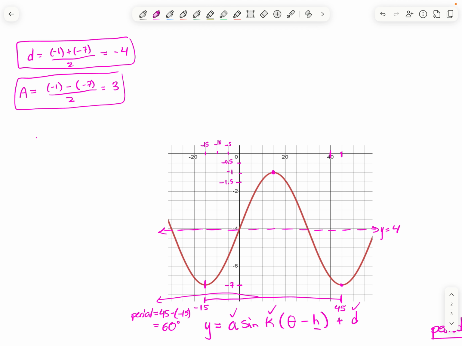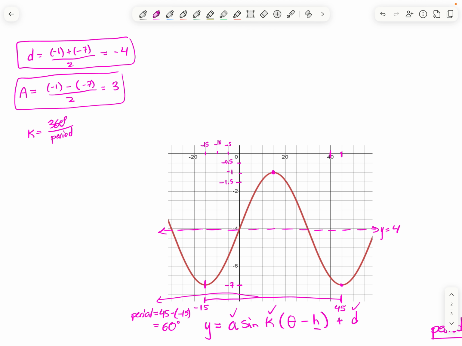So K is equal to, sorry, vice versa, 360 divided by my period. Yeah, that's always what the K is. If the period is 360, then K is 1.